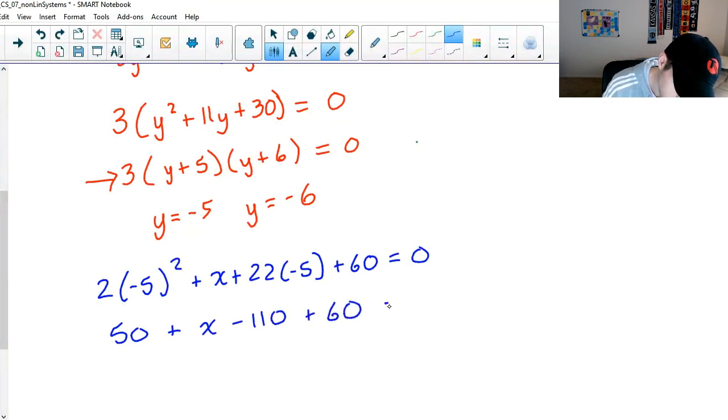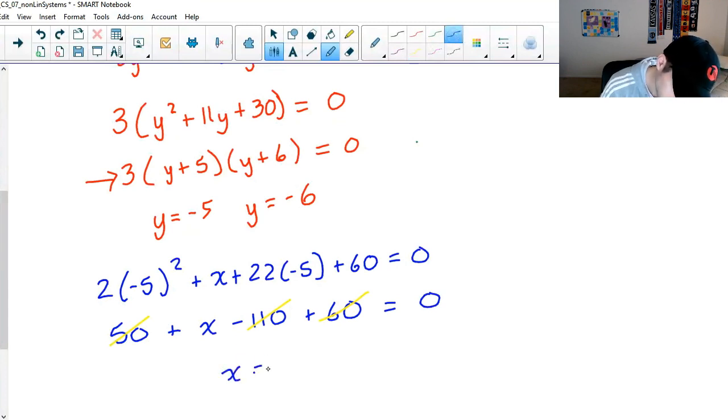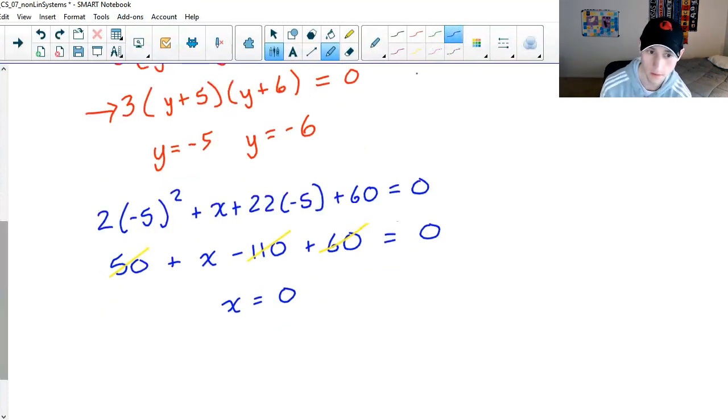And then plus 60 equals 0. And actually, 50 plus 60 is 110. So -110 plus 110, those all cancel each other out. So I get x equals 0 for my first solution.